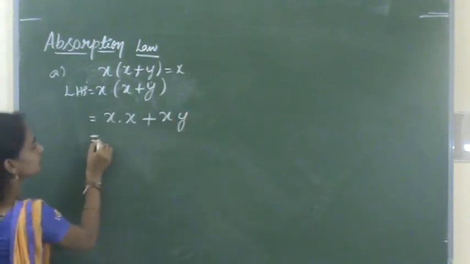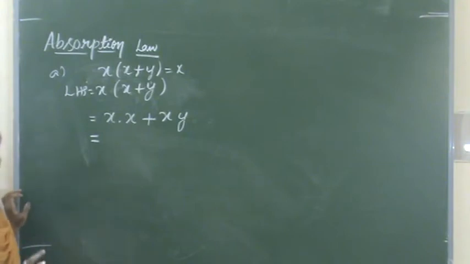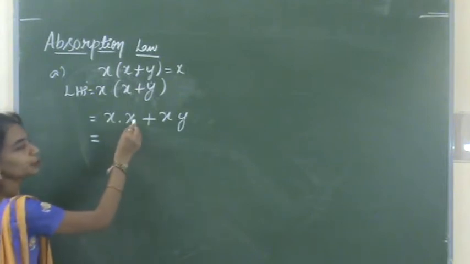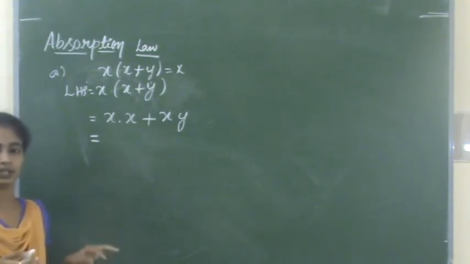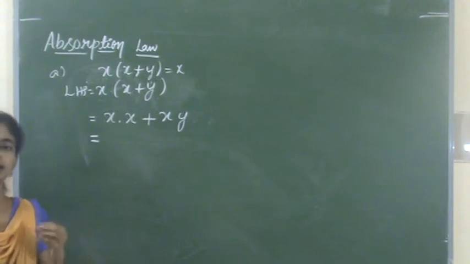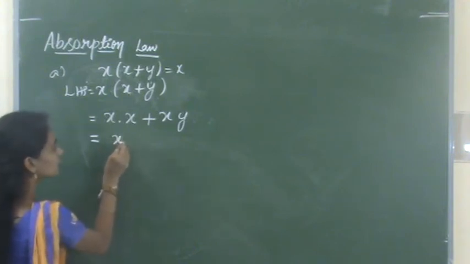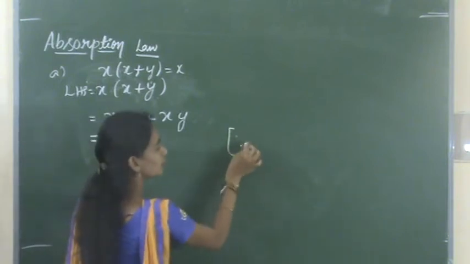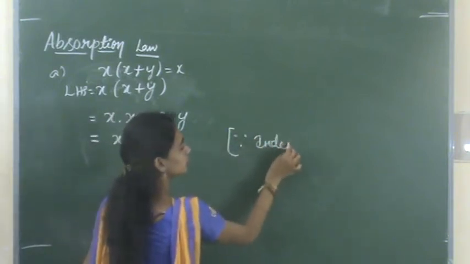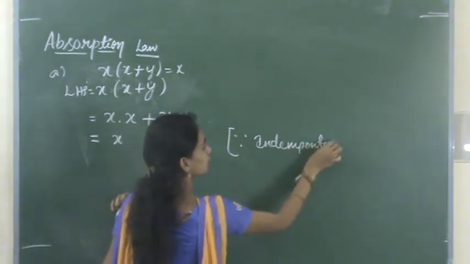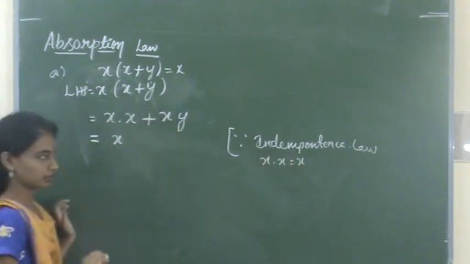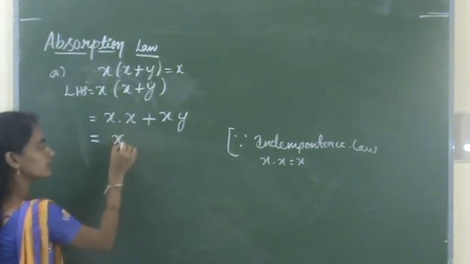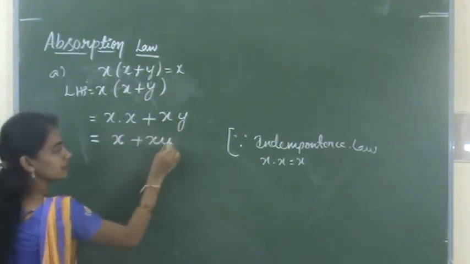Now we know the idempotence law: when any variable is ORed or ANDed with the same variable, we get the same variable as the result. So x into x is x, because of the idempotence law. That's why I wrote x into x is x, plus we have x into y.